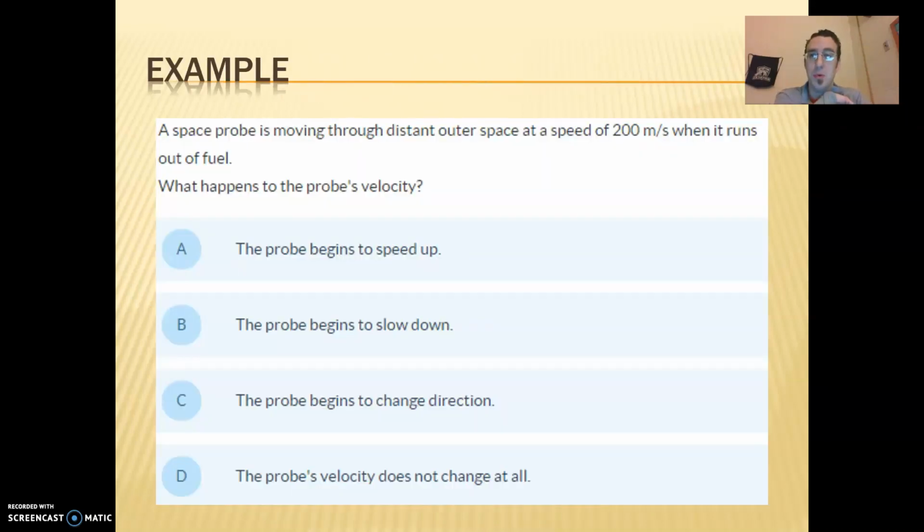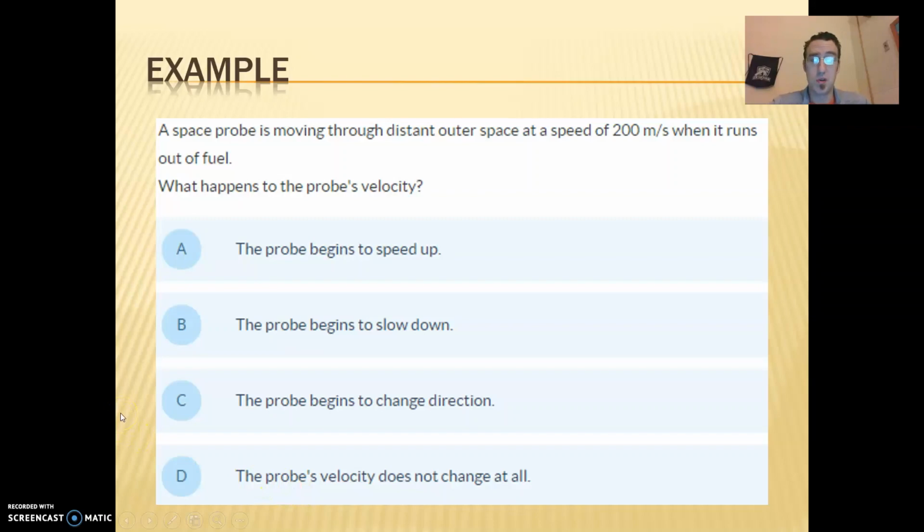So let's do an example. It says a space probe is moving through distant outer space at a speed of 200 meters per second when it runs out of fuel. What happens to its velocity? So the options are it speeds up, it slows down, it changes direction, or it doesn't change its velocity at all.